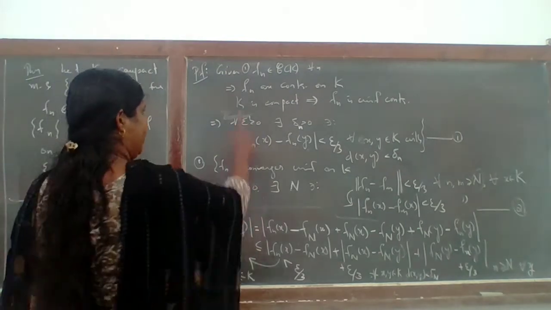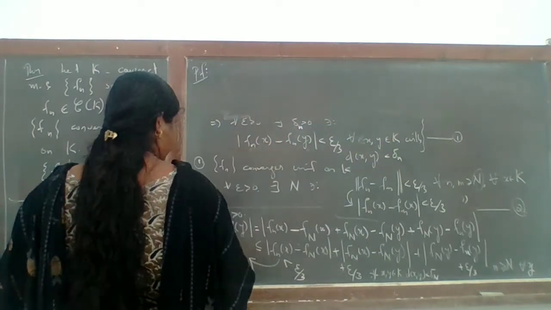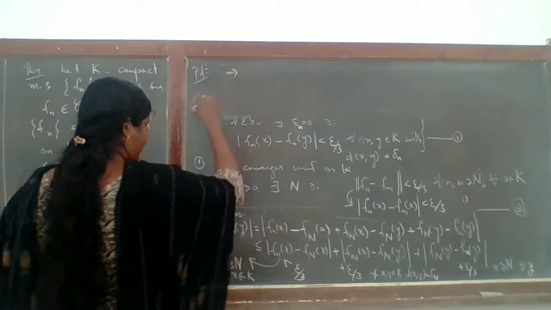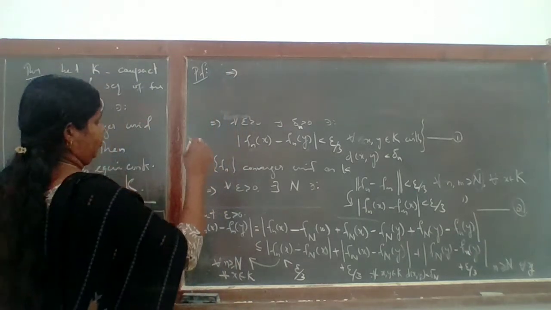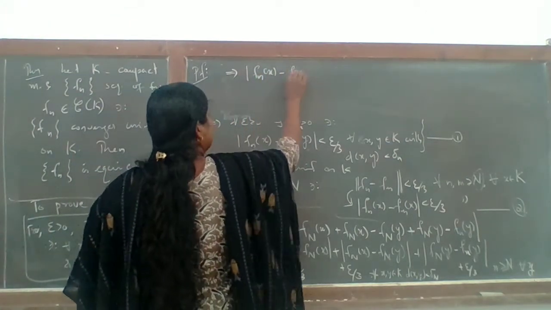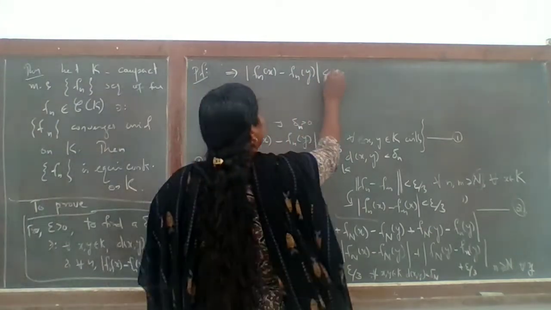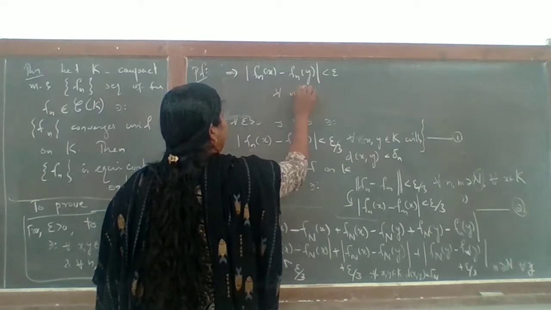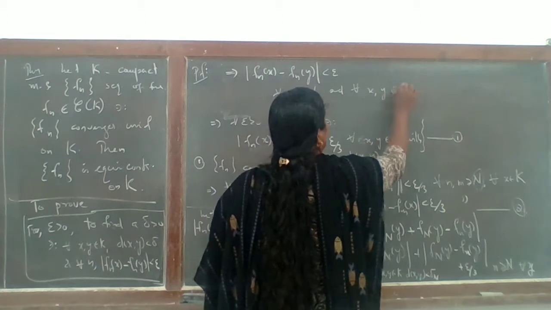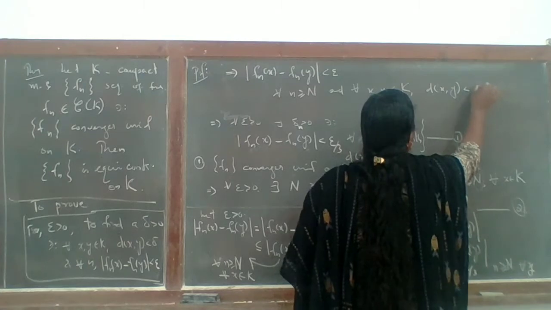Okay, so let me drop these things and continue the proof here, which implies modulus of f_n(x) minus f_n(y) is less than epsilon for all n greater than or equal to N, and for all x, y in K with d(x,y) less than delta_N.